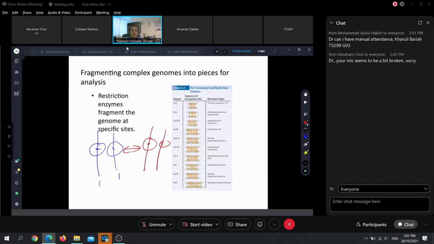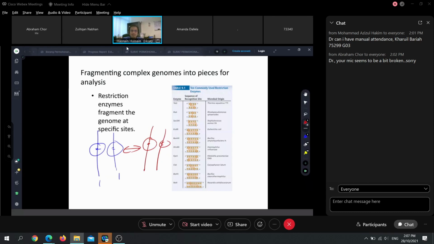Many people, same locus, might be slightly different from one individual to another.